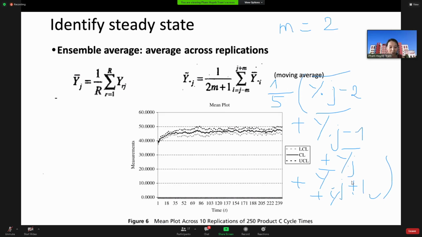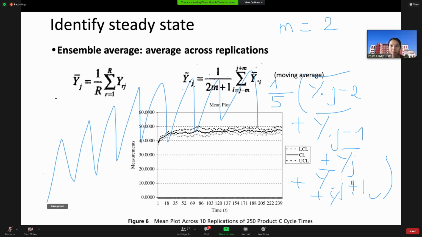The reason we are doing that is to smooth our plot. If we have a very fluctuating plot like this one, it is quite hard for us to identify the steady state.